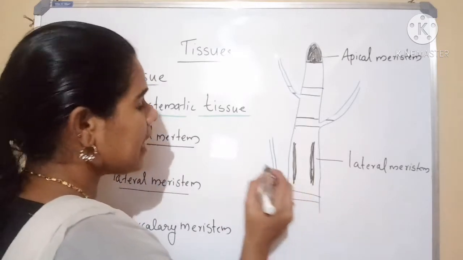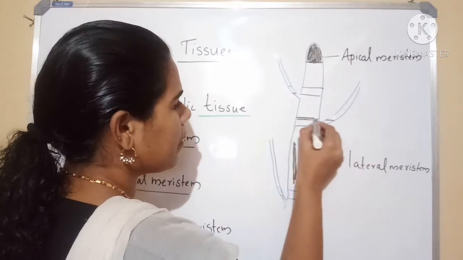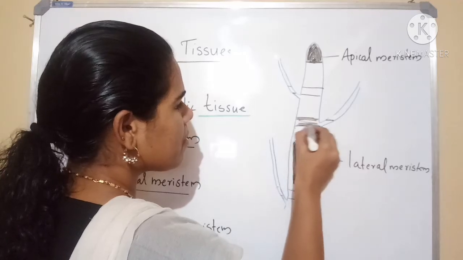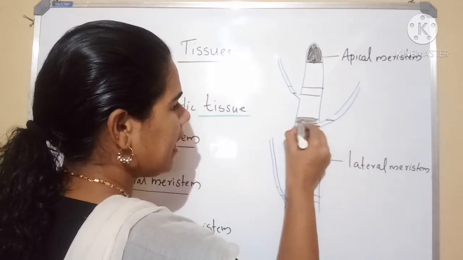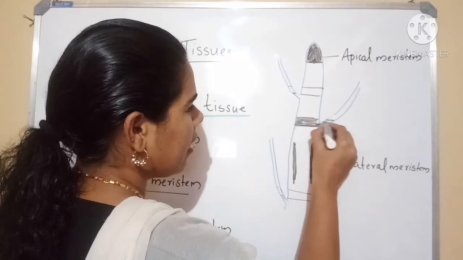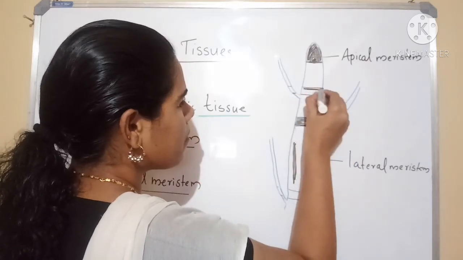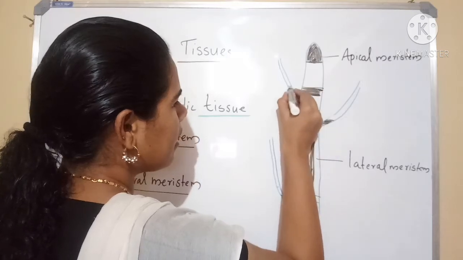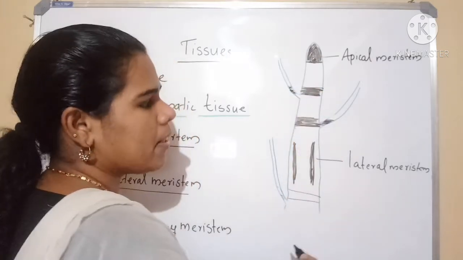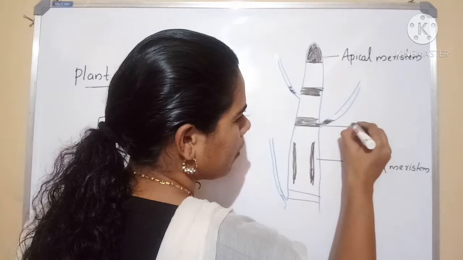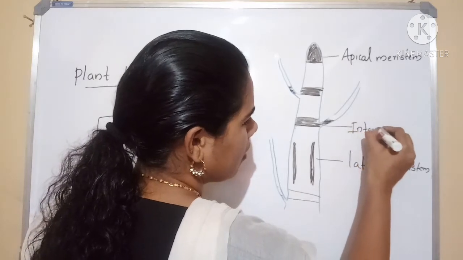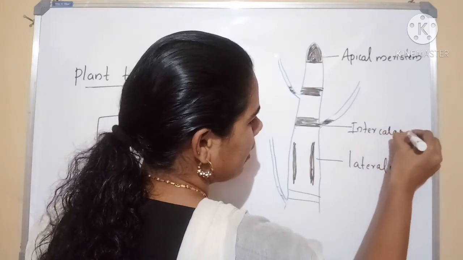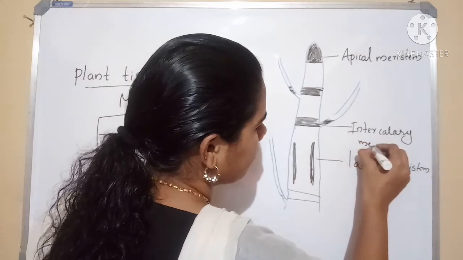And the third one is intercalary meristem. Intercalary meristems are present at the internodes, where we can see the intercalary meristem.